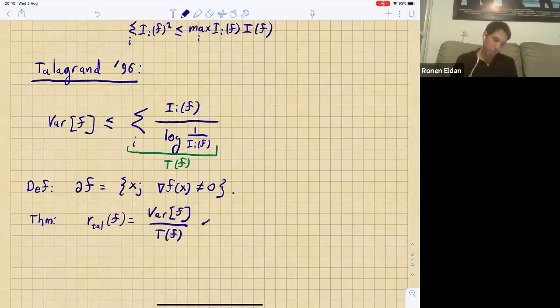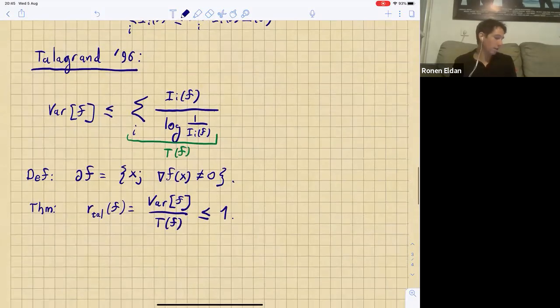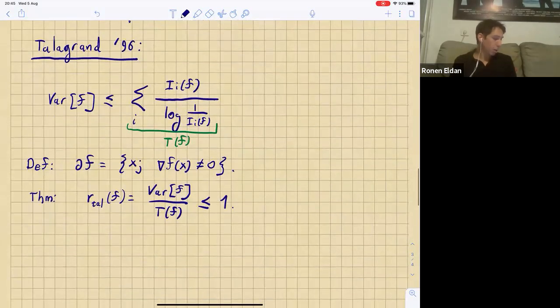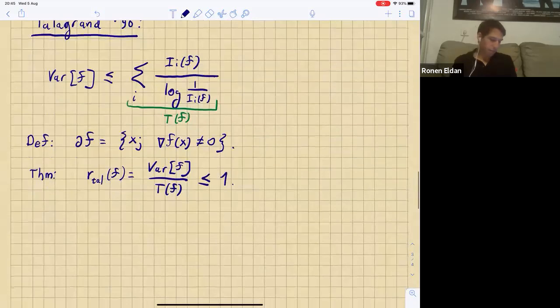And, you know, the Lagrange inequality just tells us that this is at most 1 or at most some constant. I think you can actually take 1 here. Doesn't matter so much.